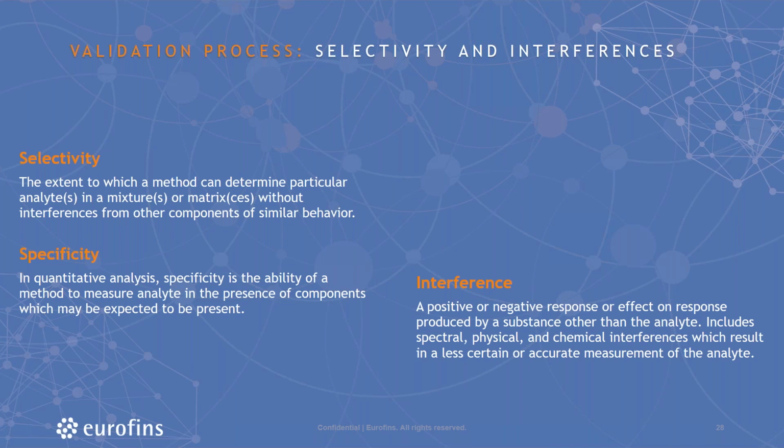So it's really very similar to selectivity. Interference, positive or negative response. We talked a little bit about positive interference already, but for negative response, a lot of times the components can suppress the response from whatever technique you're using. It's important to measure that, and a lot of times you can see that in your accuracy studies.